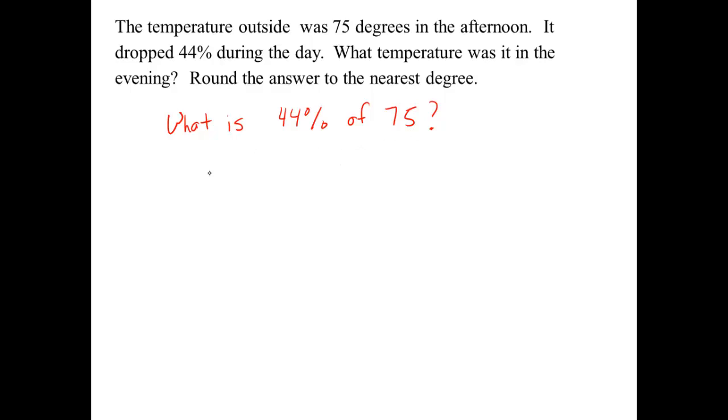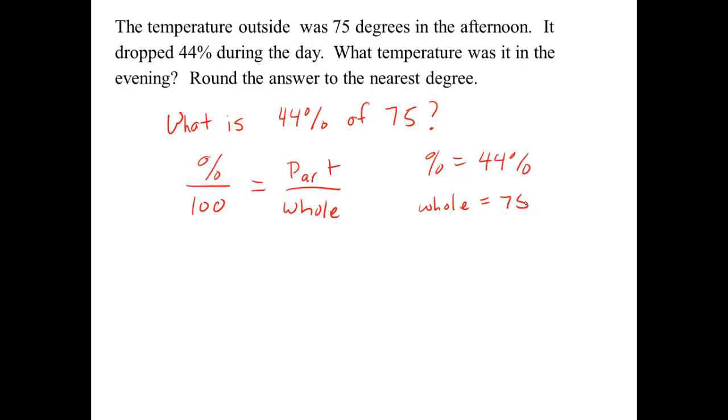We can do this problem using the proportion method by saying percent over 100 is equal to part over whole. In this problem, we know our percent is 44. We also know that our whole is 75. We are missing the part.